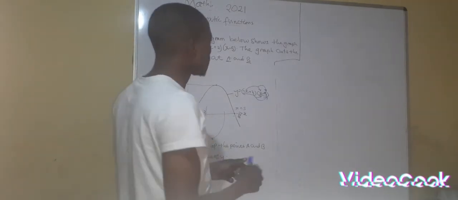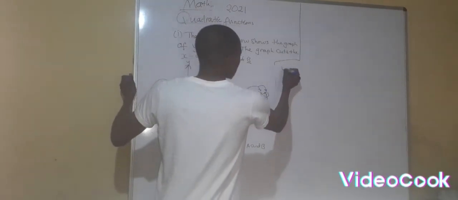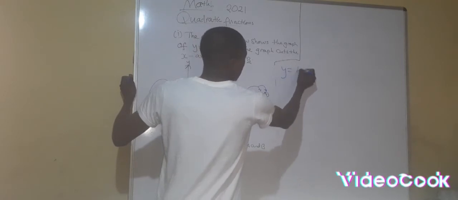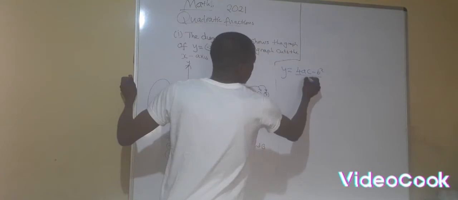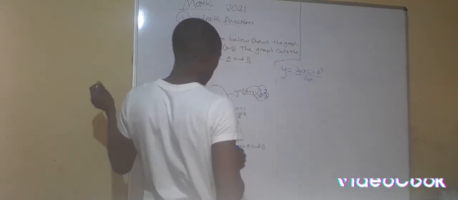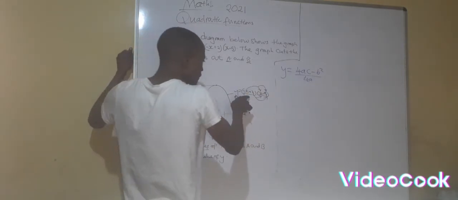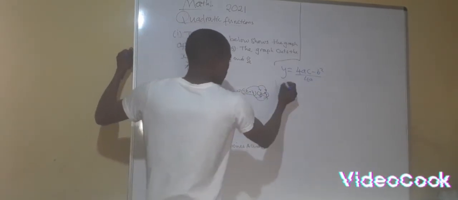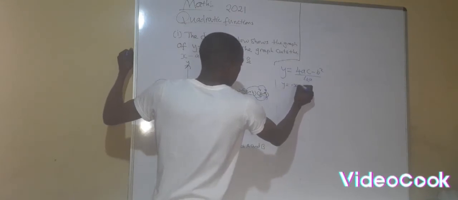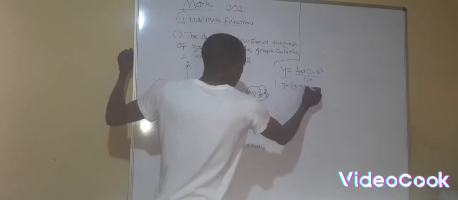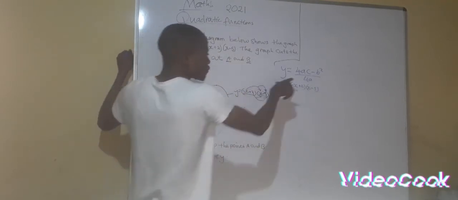So the formula we use is y equals 4ac minus b squared over 4a. Now, to use this formula, it requires you to expand this. So here we have y equals negative x plus 2 and the x minus 5. It requires you to expand that.